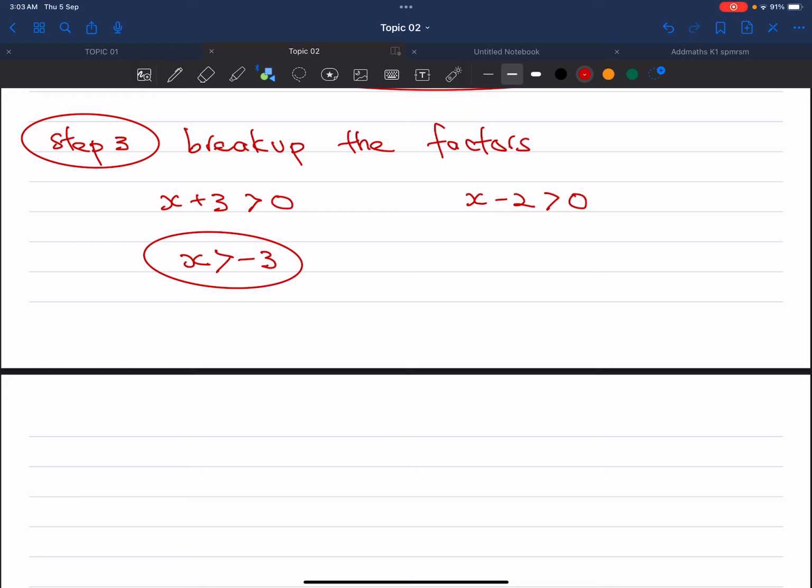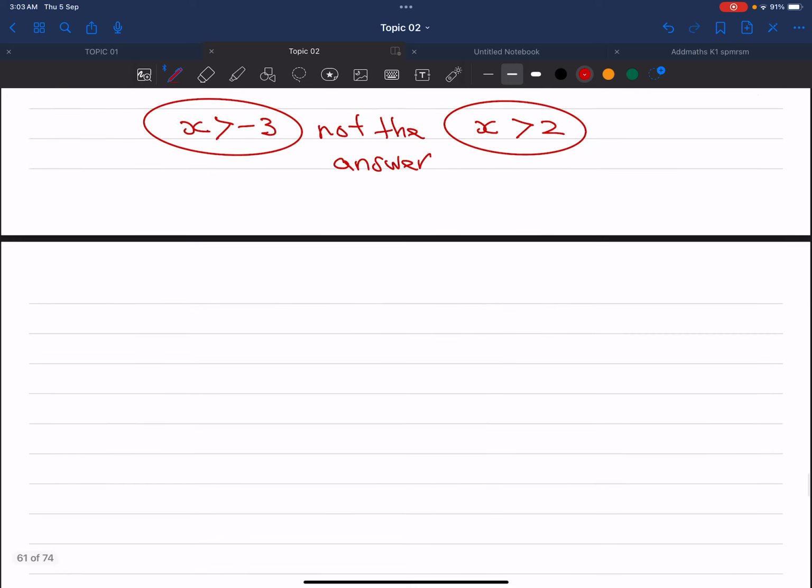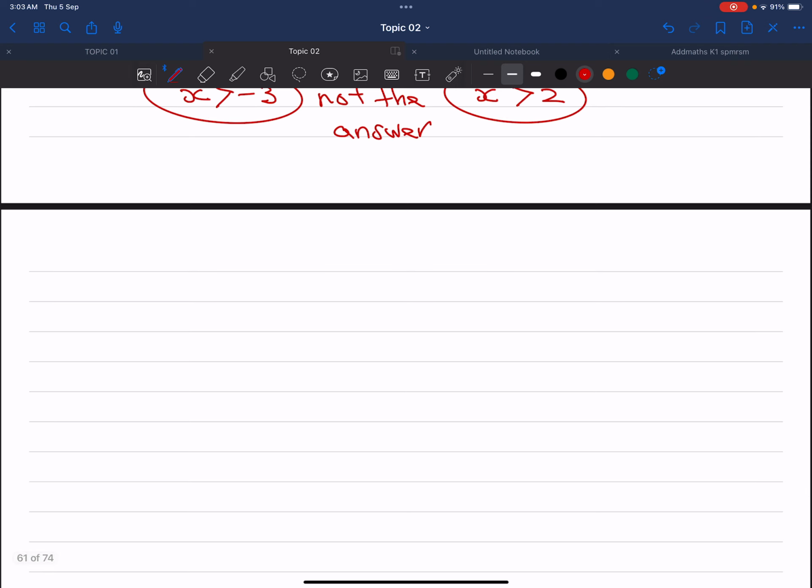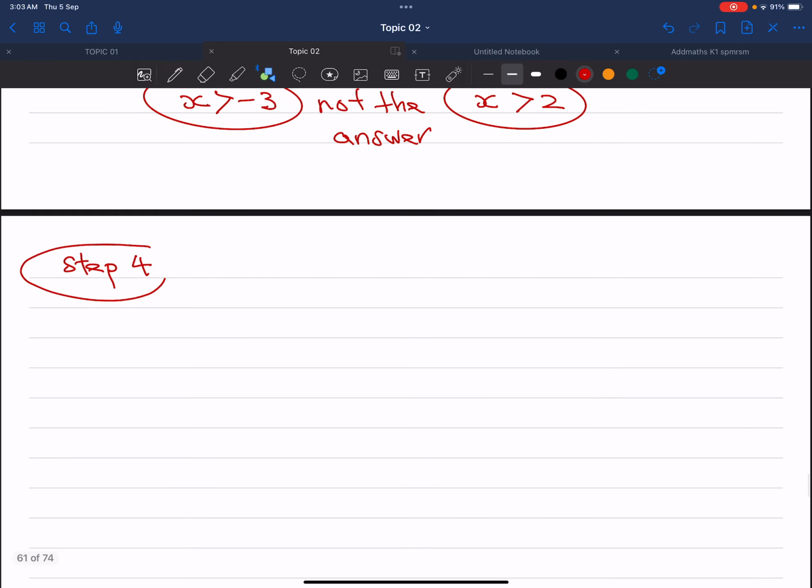And here I would get x more than 2. This is not the answer. I repeat, this is not the answer because we have step 4, the final step in getting the answer.